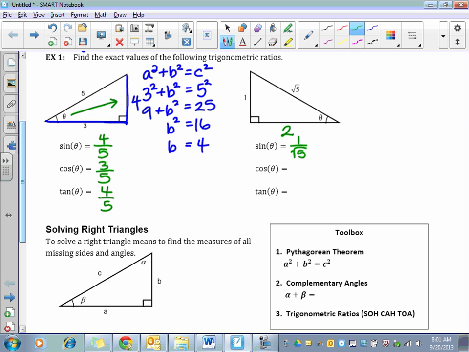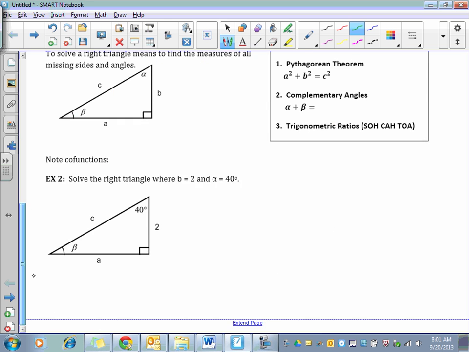Remember, in this one, you should not leave the denominator with a radical, so we're going to rationalize that denominator before we give our answer. And finally, we had tangent, which is... So these trigonometric ratios are going to come really in handy, especially when we start to solve right triangles.